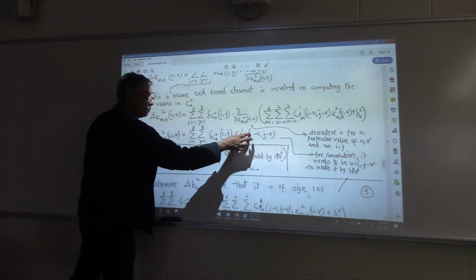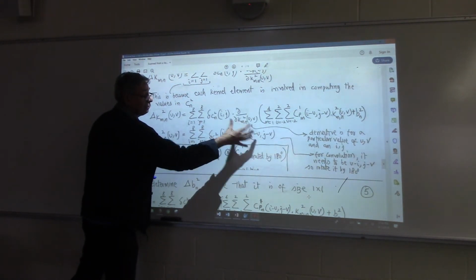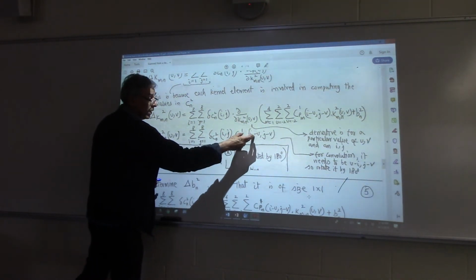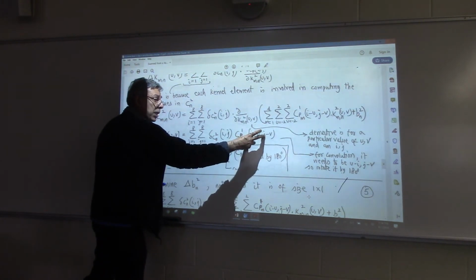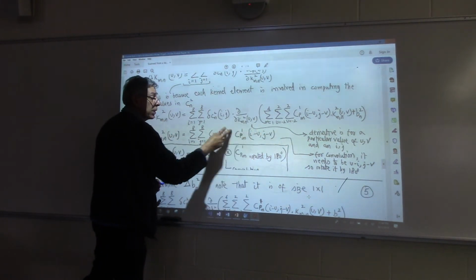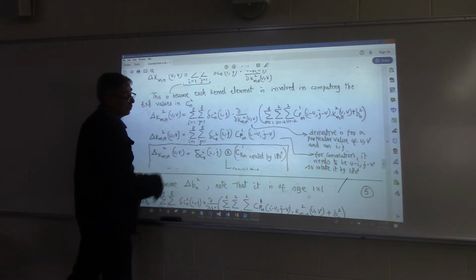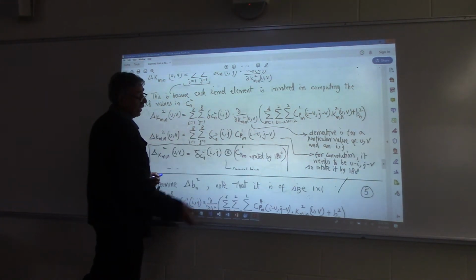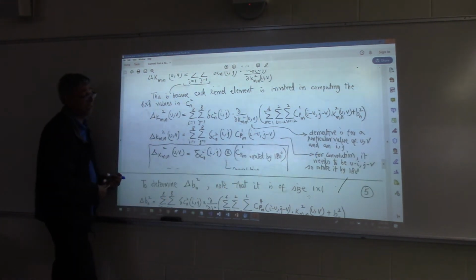So this was basically the tricky thing. After we go through the math, we realize if it was inverted by 180 degrees, this will turn into a convolution. So basically, we inverted it by 180 degrees, changed it to a convolution.